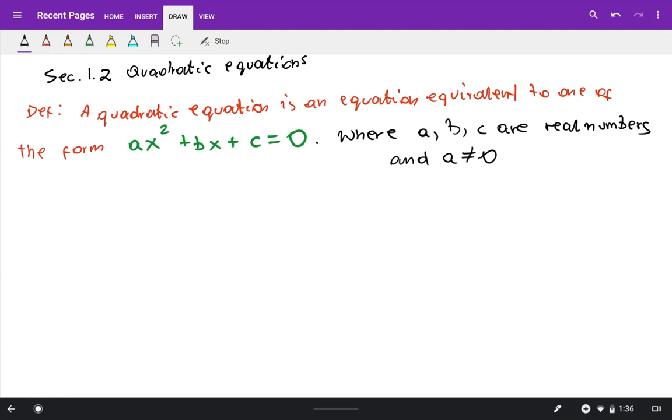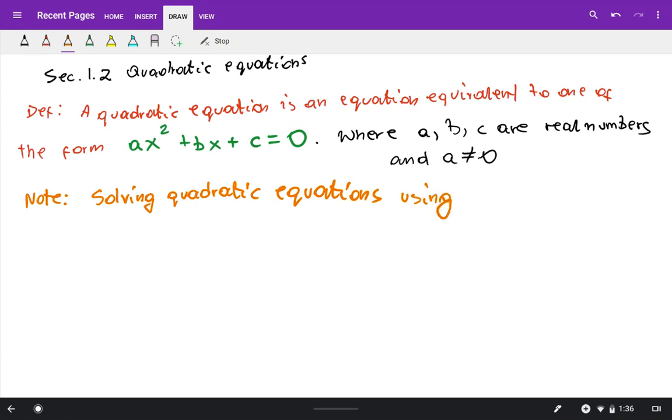And let's focus on solving quadratic equations using the quadratic formula.